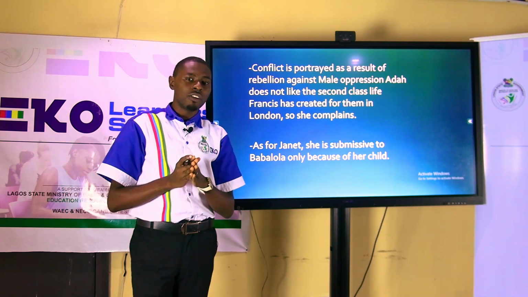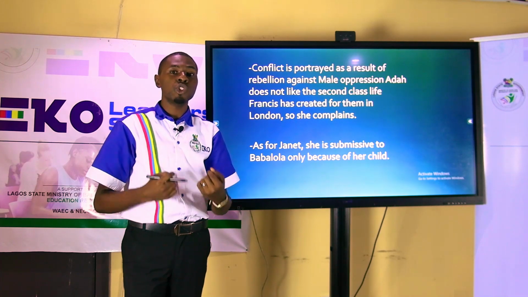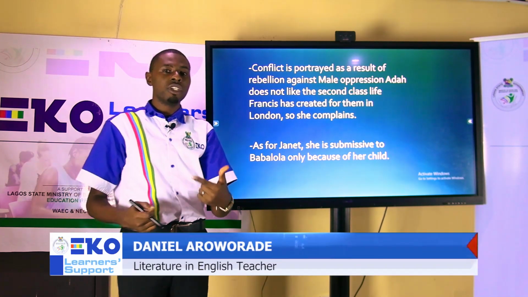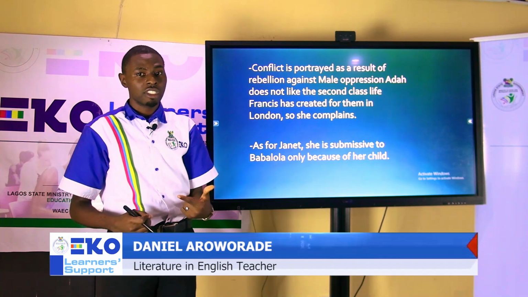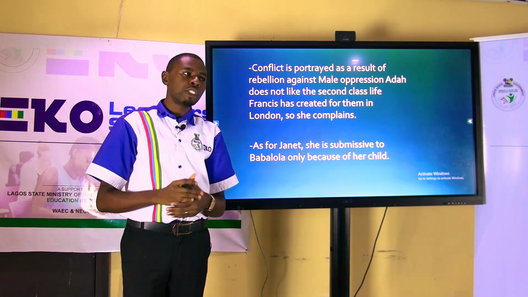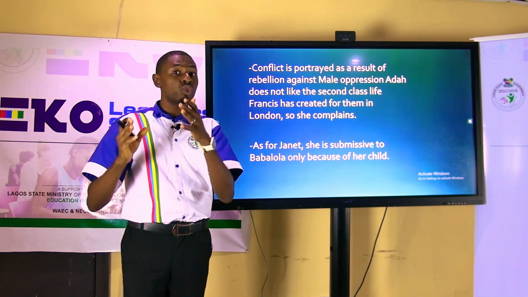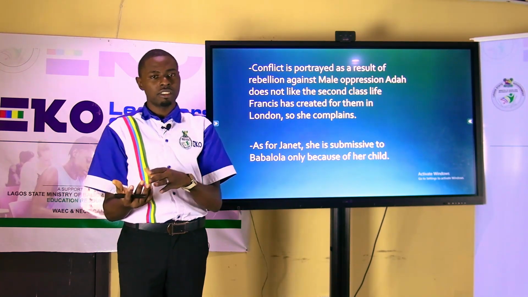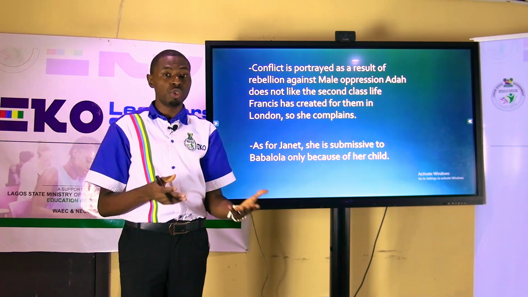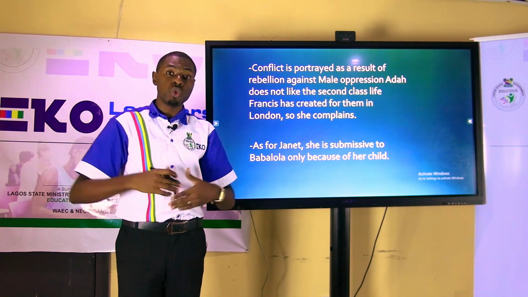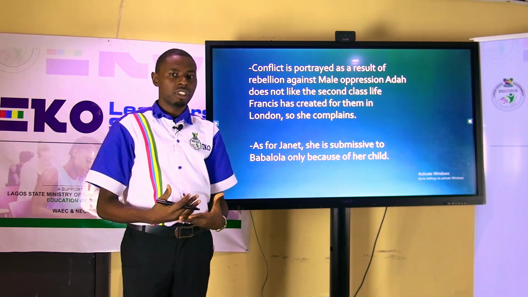Don't forget that Ada was the one who sponsored Francis to travel to England so that he could continue his accounting education and, in furtherance of his accounting career. And the expectation is that when Francis is through, he comes and takes her and her children to England, and then helps her to also pursue her own dreams.